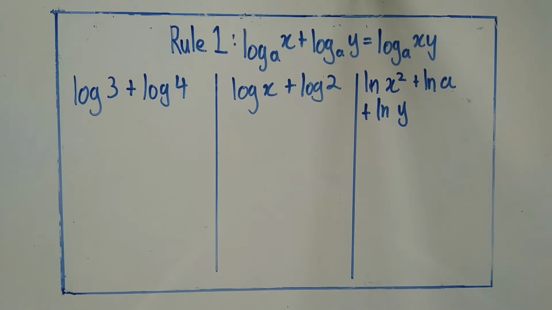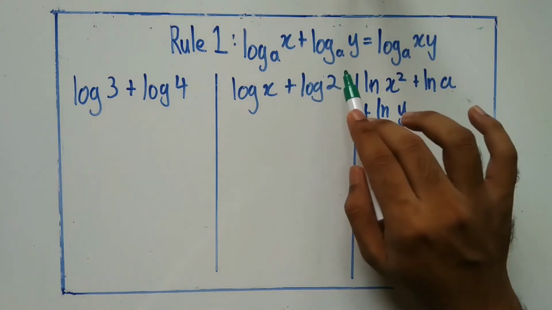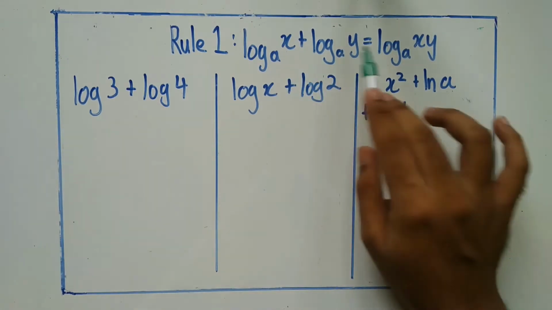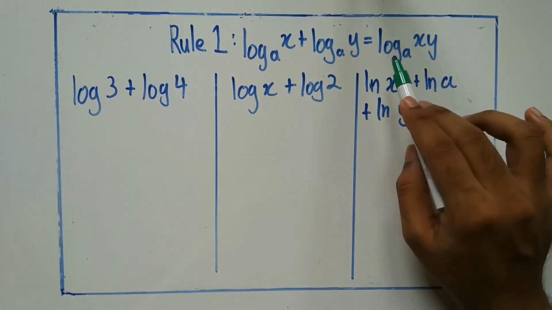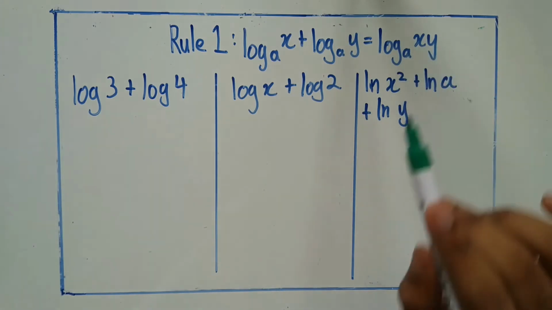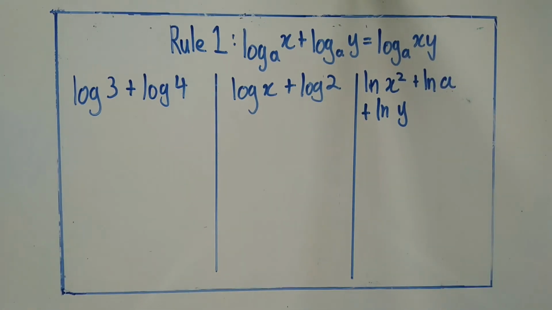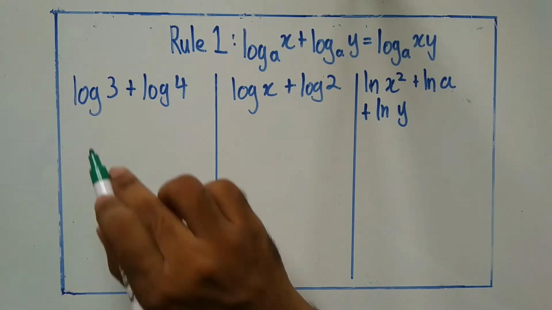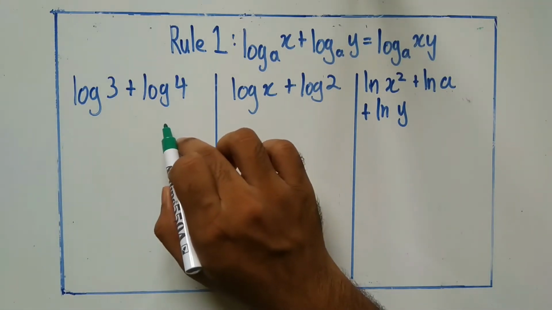We will now move on to the first rule of the logarithms, which is the addition rule. Here we have two same bases with two different numbers. You can simplify it to become log base a of x times y. Let's look at a few examples. In the first example, we have log 3 plus log 4.